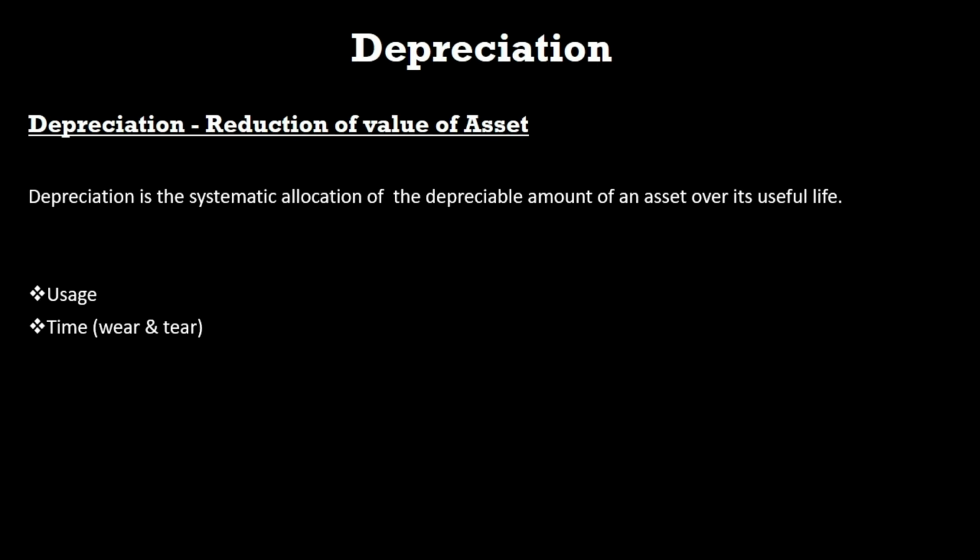I already gave this example: even if we are not using it, if it stays with us for 1 month, 2 months, 1 year, 2 years without use, what is going to happen? The price is going to reduce, and that is called depreciation, correct? Using it causes depreciation, and not using it also reduces the value.